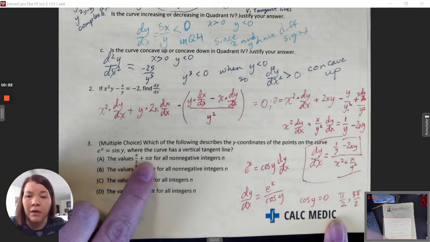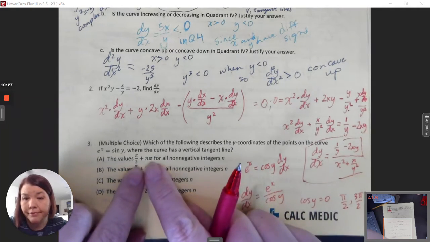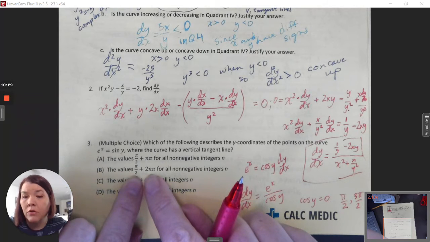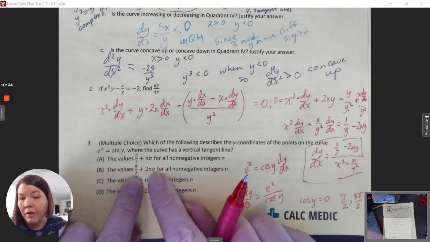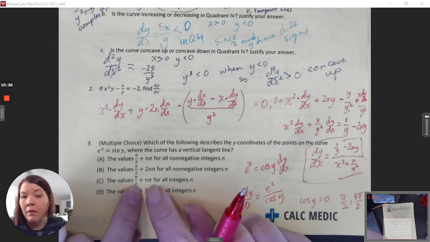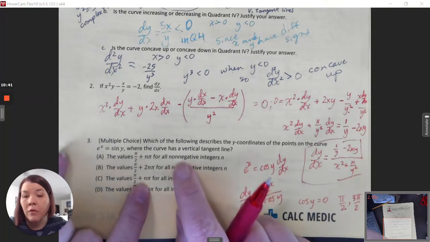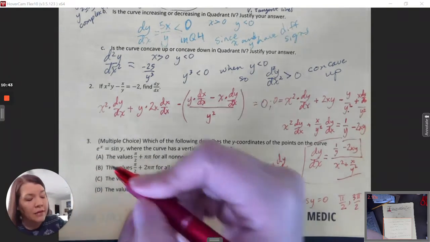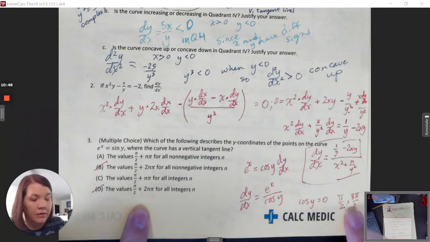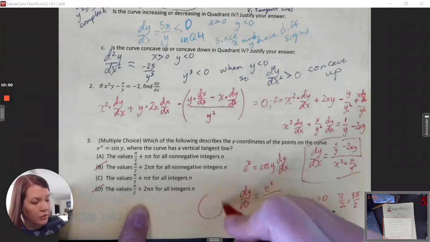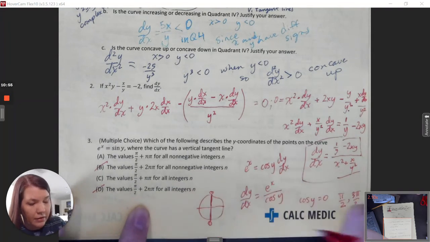Is it 2 pi plus n pi, meaning going halfway around the circle over and over again? Or 2 pi halves plus 2n pi, which means going all the way around the circle? It's not B and D because we only need to go halfway around the circle to get to the zeros. So we only need to be here and here.